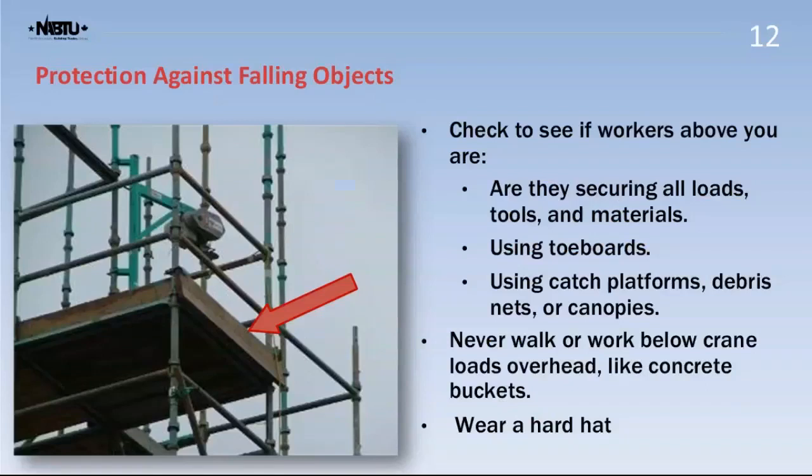It's 3.5 inches high, and that's specifically there to keep stuff from falling off of that deck. And if you look up and see a scaffold doesn't have toe boards on a working surface, you don't want to be around that close by because stuff could fall off. If they should have it, you might want to mention that to somebody. There should be a toe board on it. But if it doesn't, keep yourself away from that.